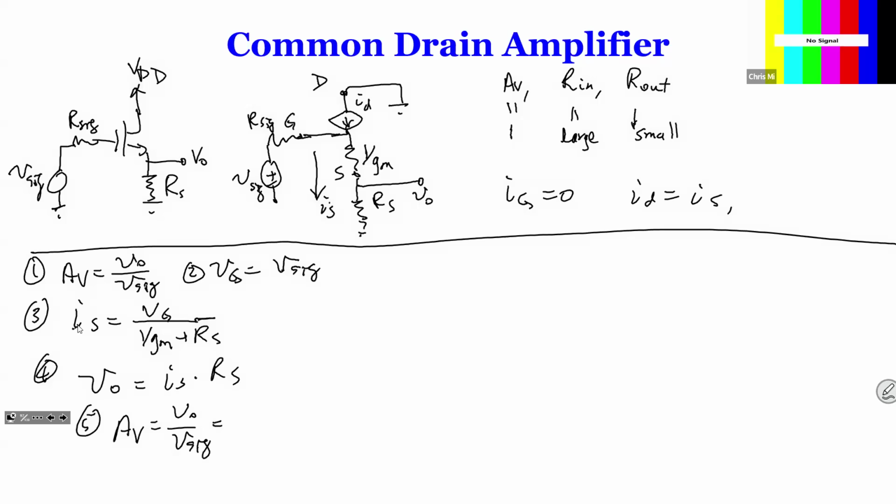RS divided by VSIG. VG. So here is VSIG over... So we're going to plug in that RS.